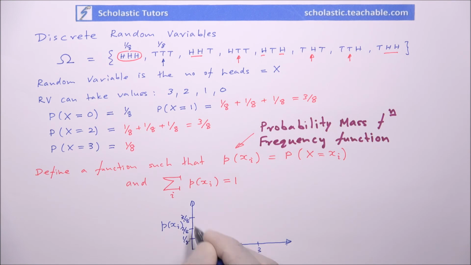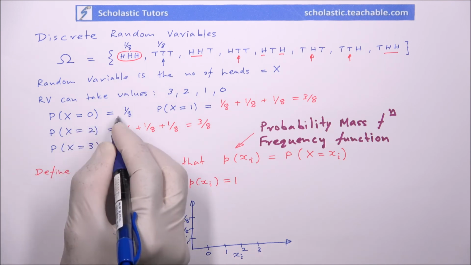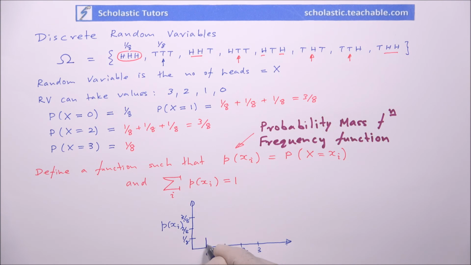It is best to put decimal values, but you can still put a fraction here. So for the probability mass function, the frequency for xi equal to 0 is 1 over 8, then 3 over 8, then 3 over 8 for x equal to 2, and for x equal to 3, 1 over 8. This is a simple picture of the probability mass function.